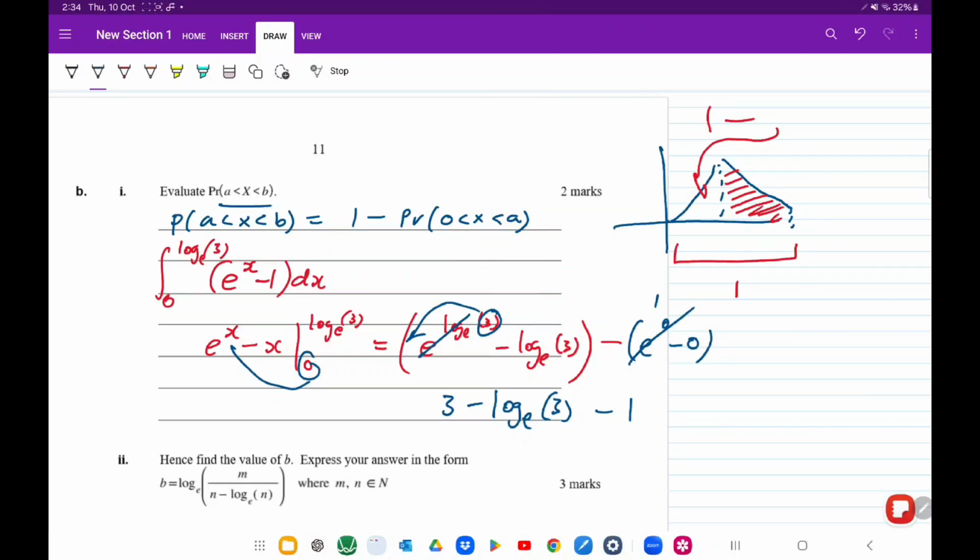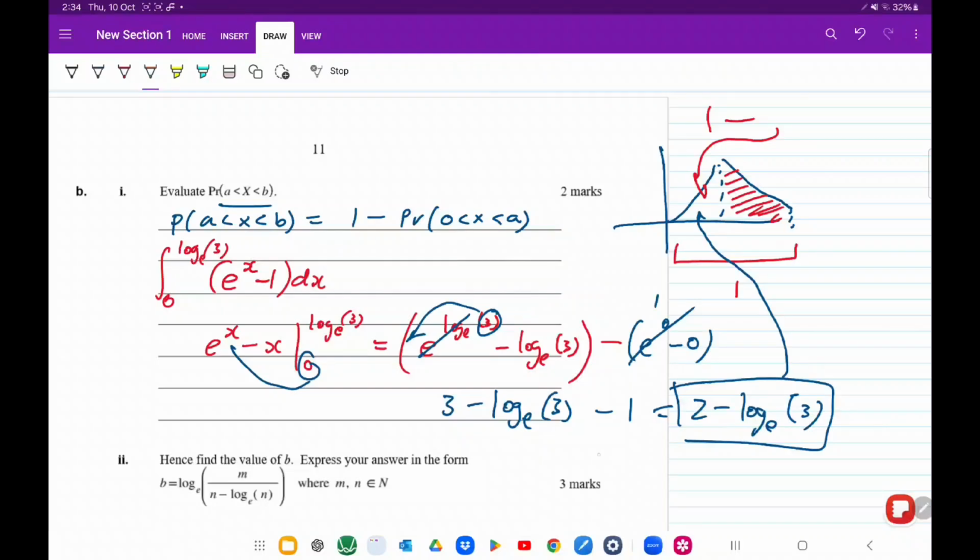And if we take 3 minus 8, this becomes 2 minus log e 3. Now we're going to be careful with this, because this thing that we've calculated right here is that.